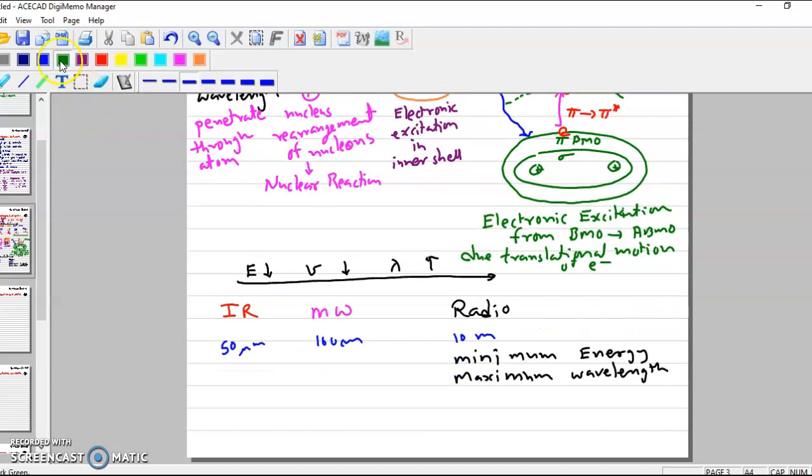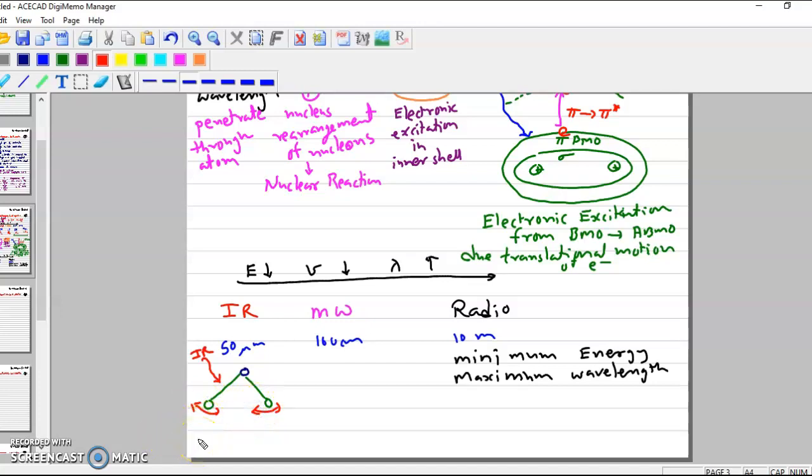Now we'll see what the effect of infrared on a molecule is. Suppose the molecule is polar, having different types of atoms with a certain angle, and if this molecule absorbs infrared, then these atoms start vibrating in different directions.